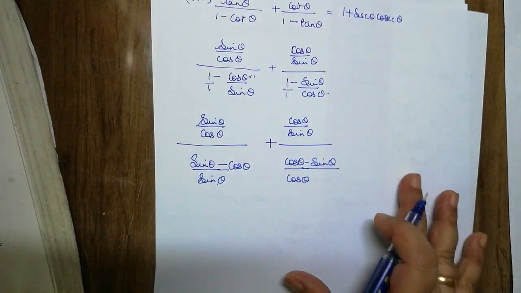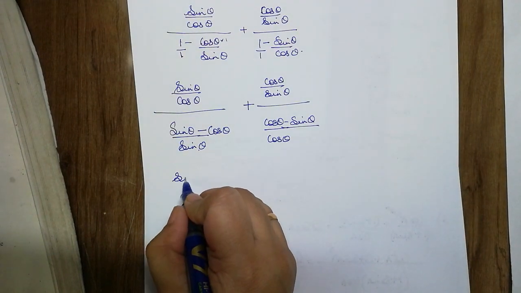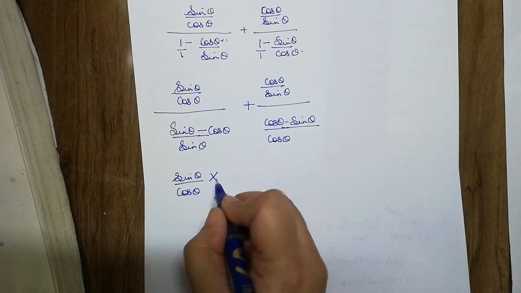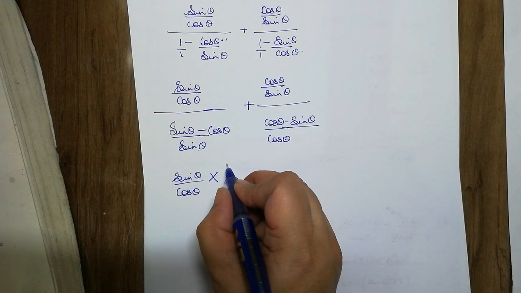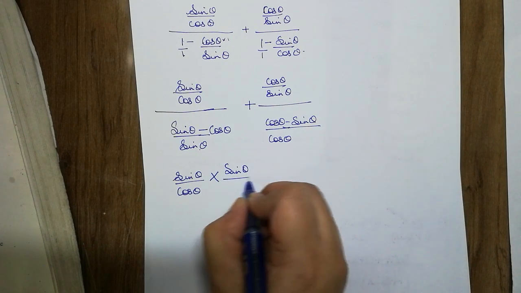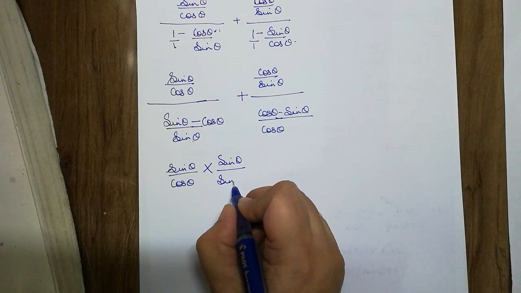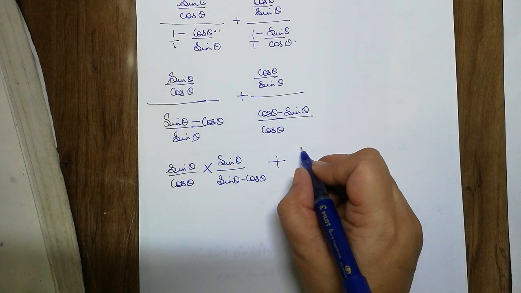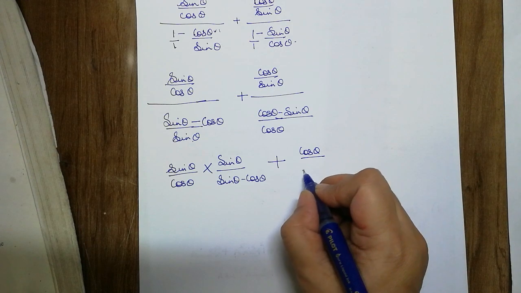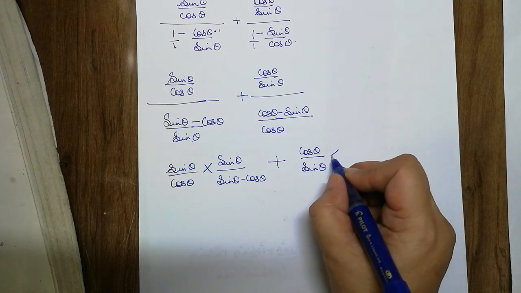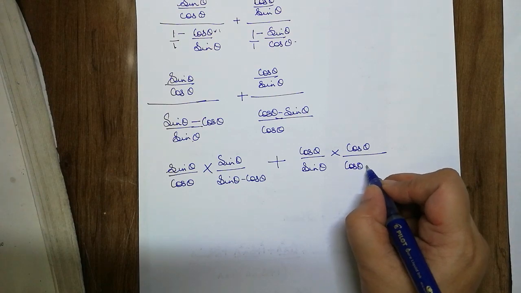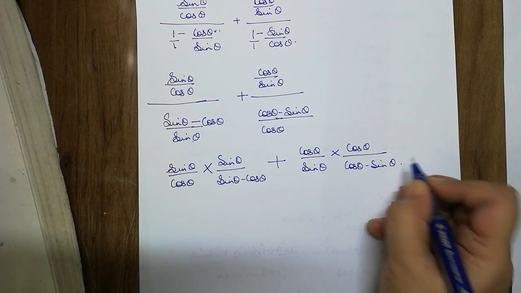Now again, as I told, we will take the reciprocal over here. Sine theta by cos theta into this one, the main division line will become multiplication. We get the reciprocal like this, plus same here, cos theta by sine theta into cos theta by cos theta minus sine theta.